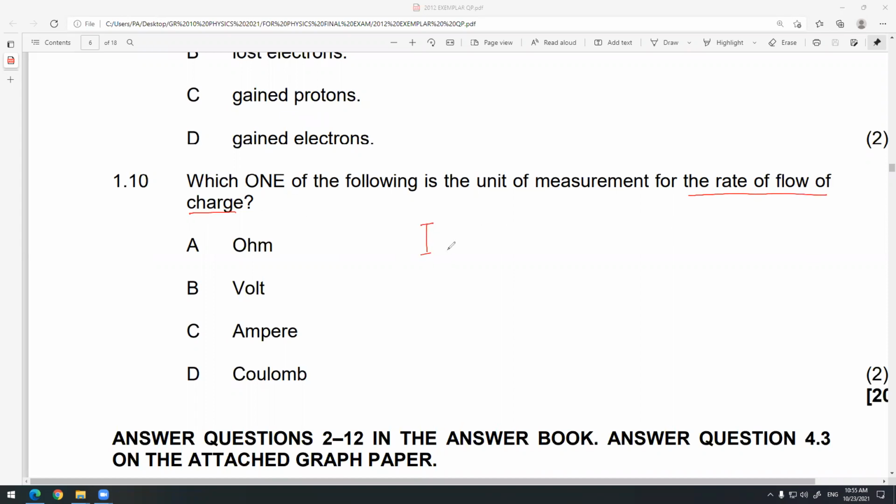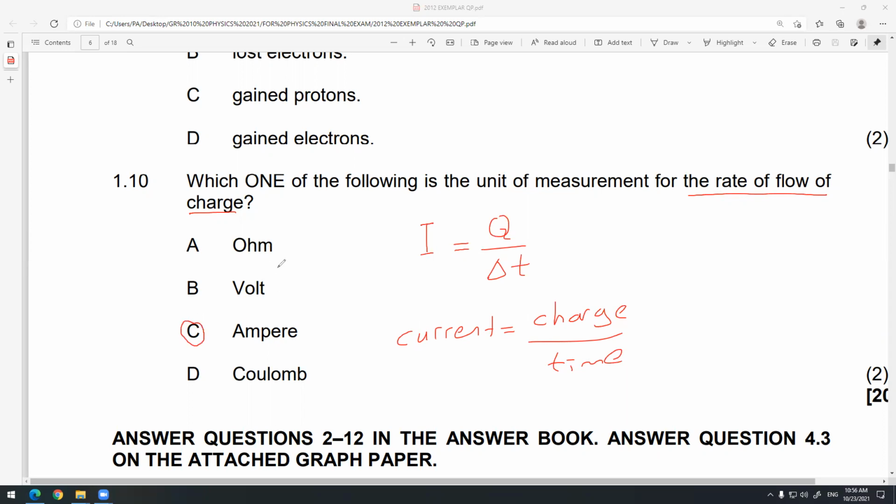The symbol of current is I. Current equals charge over time. So they're asking you the unit of current. Now it is easy, right? Because we know the unit of current is ampere.